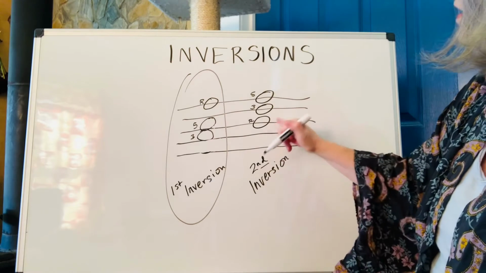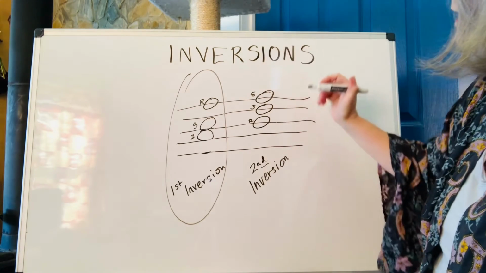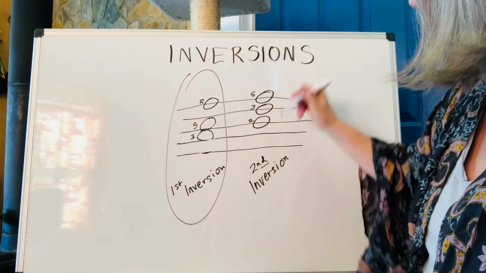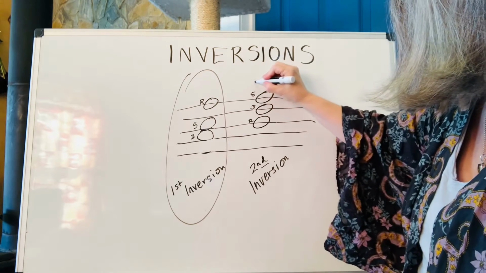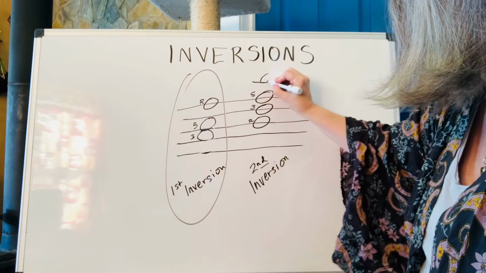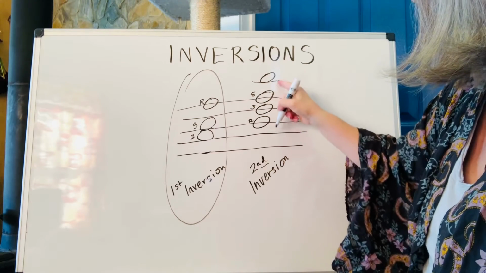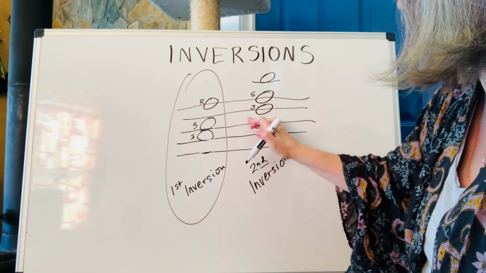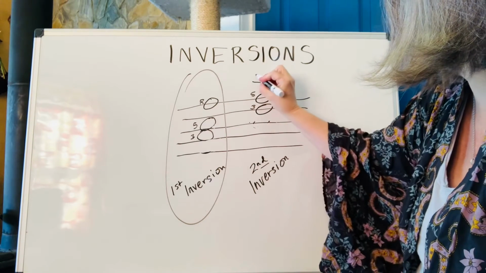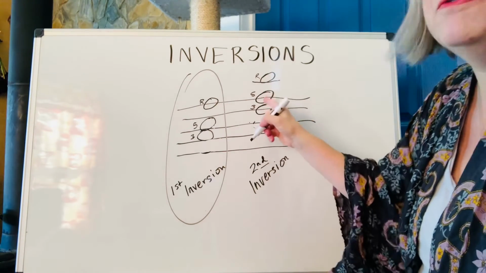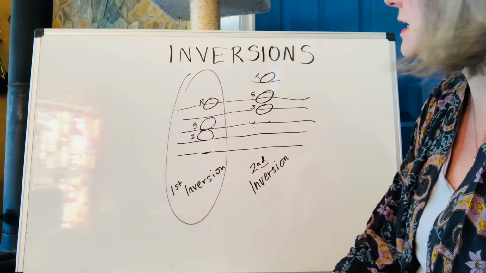So the B is going to get high, but that's all right. The B will be up here, so it'll have that fourth. So we'll take the B up there. That's the root. And we want the fifth on the bottom. So we're also going to take the D up there.